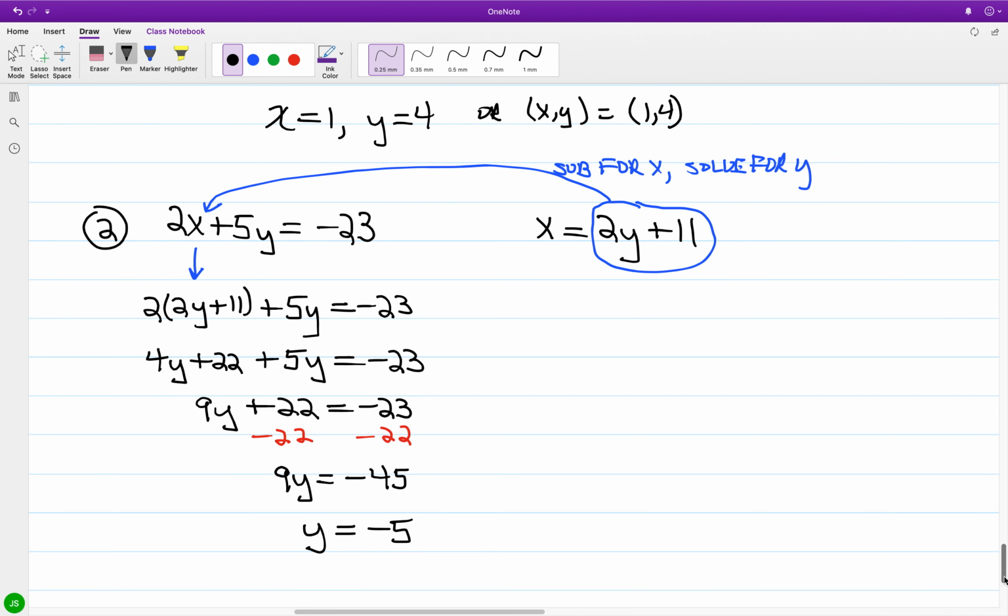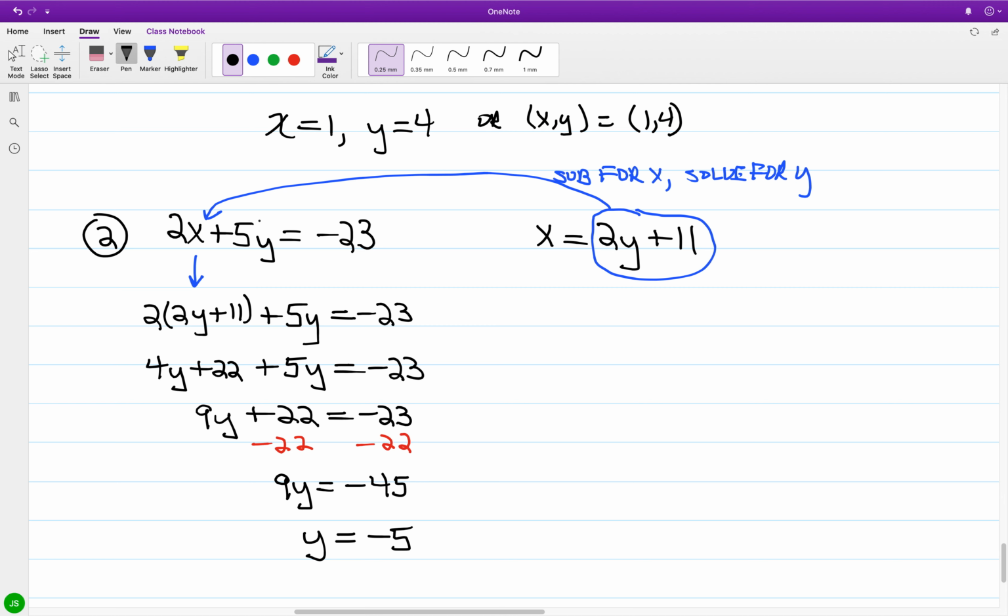And with y at negative 5, I can plug negative 5 in for y in either equation and solve for x. Since the second equation already has x by itself, plugging in, we have for x, 2 times negative 5 plus 11. 2 times negative 5 is negative 10 plus 11, and so that is equal to 1.